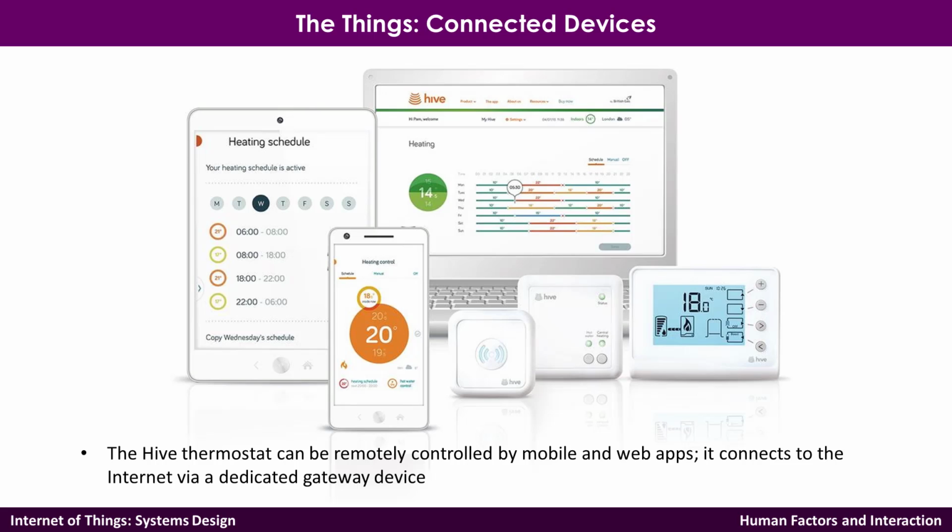This is another example where embedded systems, mobile devices, general purpose computers, and gateways work together to provide an experience to the end users. This is called the Hive thermostat, where you can control it by a dedicated console, mobile applications, tablets, and richer desktop or web applications.